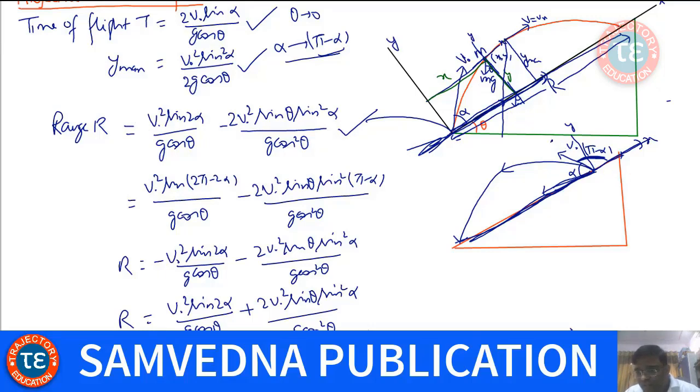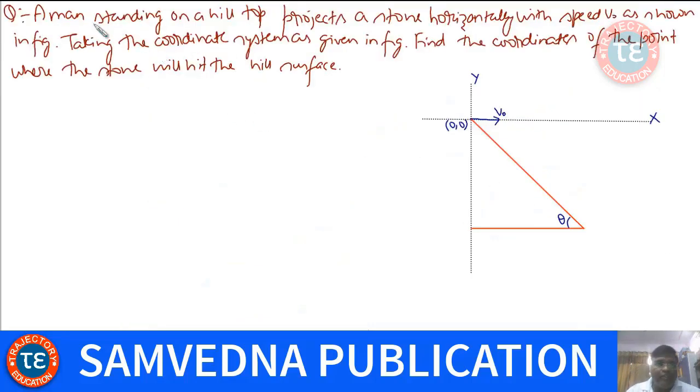Okay, let's do one question on this. A man standing on a hilltop projects a stone horizontally with a velocity v0 as shown. Taking the coordinate system like this, find the coordinate of the point where the stone is going to hit the surface. See, this is again the projectile where the body is projected down the incline.